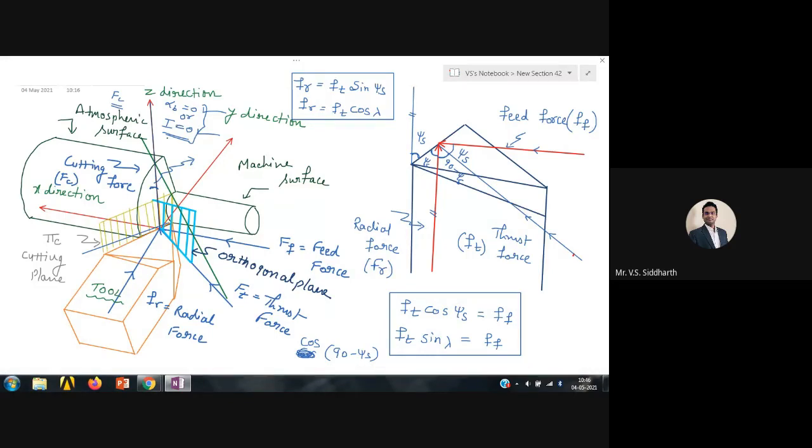So in order to simplify the force analysis, we assume that the inclination angle is 0, and when you assume the inclination angle as 0, that is known as orthogonal cutting.